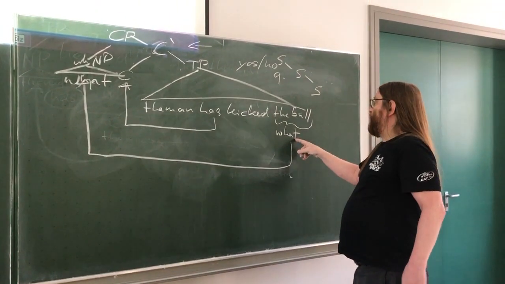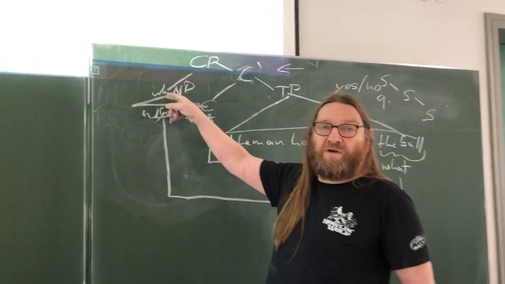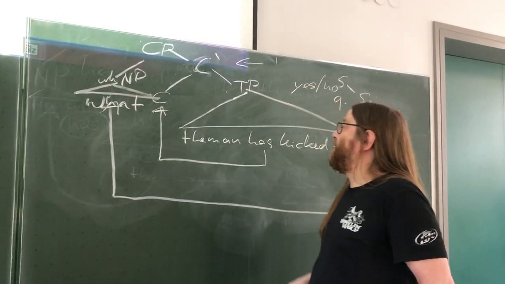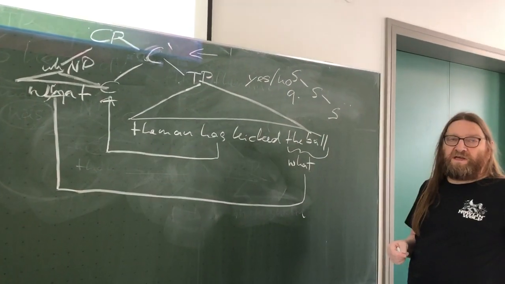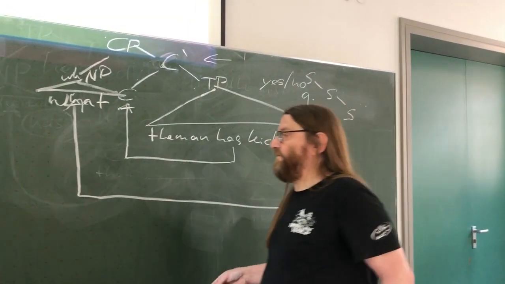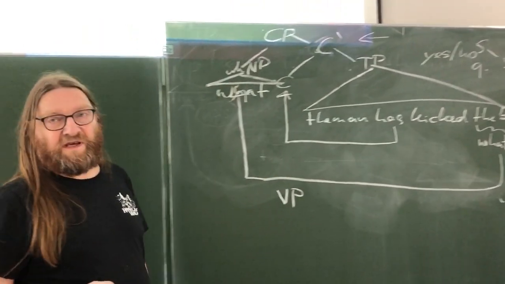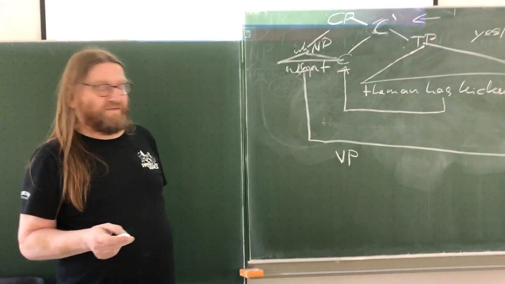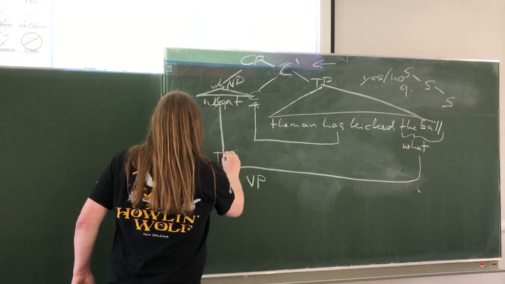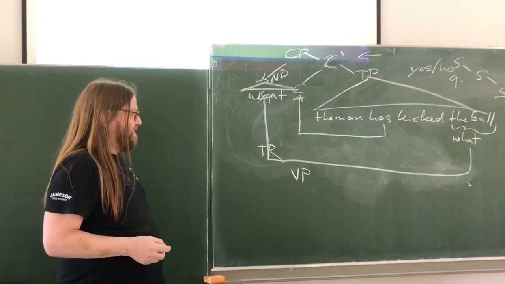And when we, in addition, move a content word, we move the content word or the content expression to the specifier of CP. And this is already the full sentence model, where we have not just VP as the semantic core of the sentence, but on top of that, we also have TP.